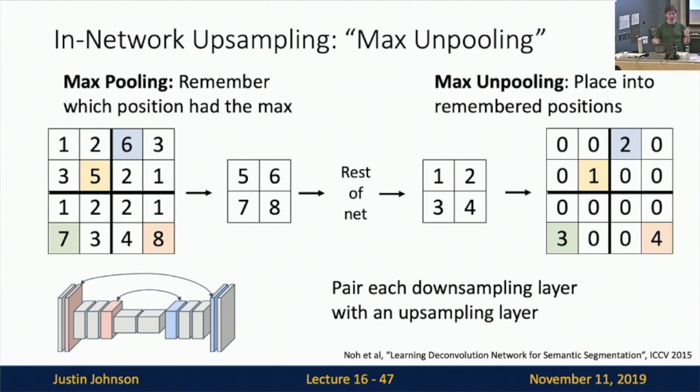When we do a max pooling operation to downsample, we remember the position inside the grid where the max value occurred. Then when we do unpooling, we do something like bed of nails unpooling, except rather than placing each feature vector into the upper left-hand corner of the region, we place it into the position where we found the max value in the corresponding max pooling region earlier in the network.